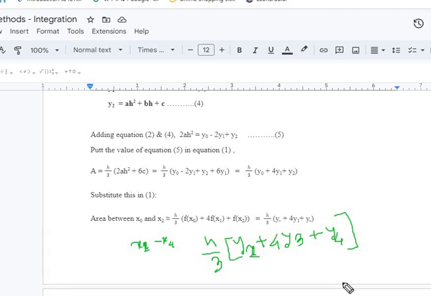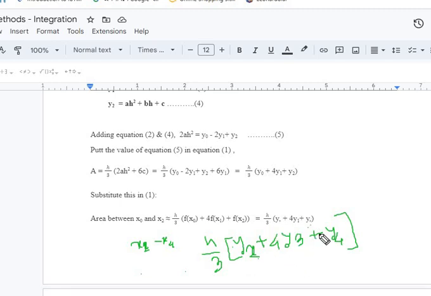In the same way this can be repeated for x4 to x6. Same terms will be repeated, and we need to add the terms. Let me just add the first 2 cases. Again, h by 3 will be taken common. y0 is a single time repeated, so this will be y0. y1, how many times is this repeated? 4 times, so 4 into y1. Now see how many times y2 is repeating. y2 is repeating 2 times.